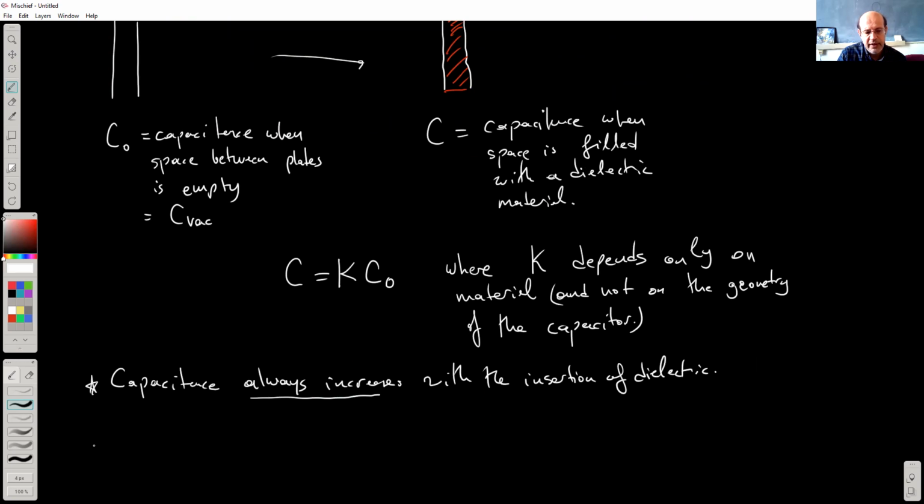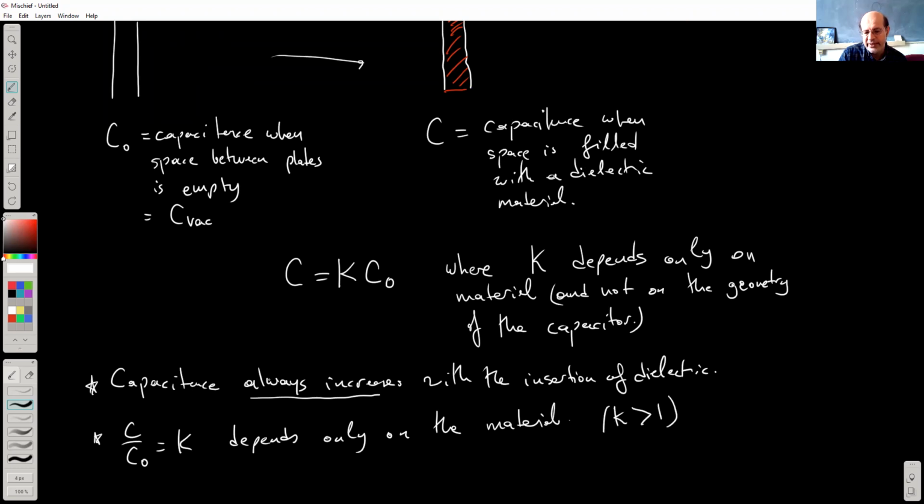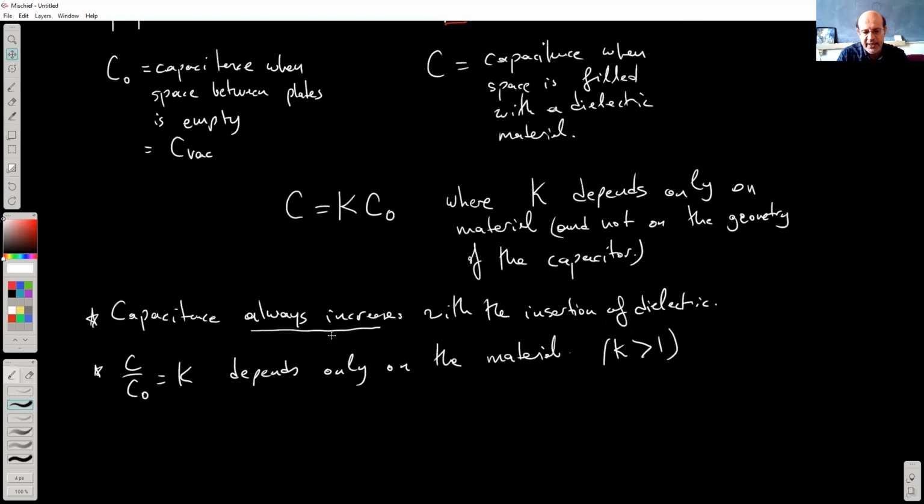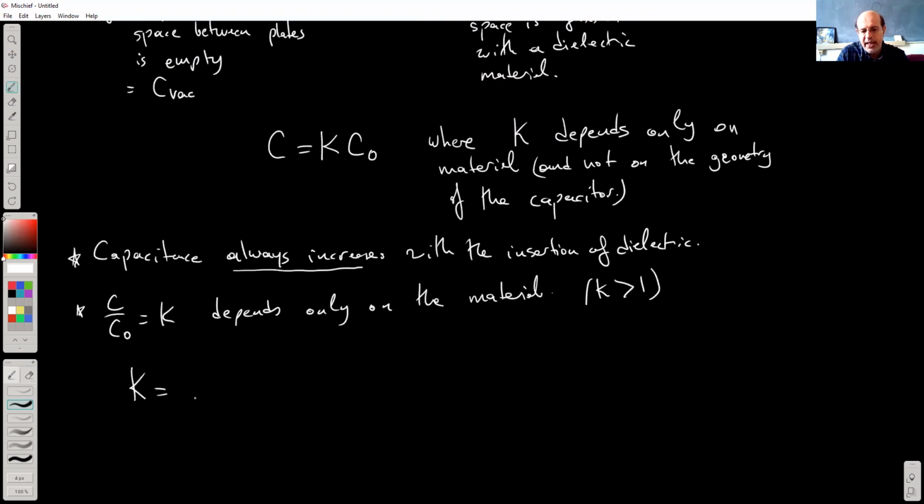So in any case, C over C0, that's equal to K, depends only on the material. Okay, so K is apparently greater than 1 because capacitance always increases, where we call K the dielectric constant of the dielectric material.